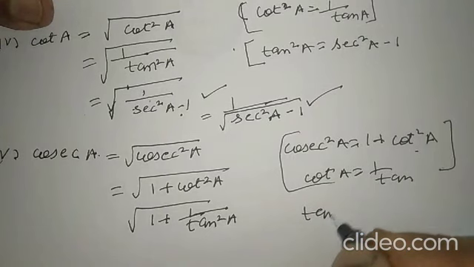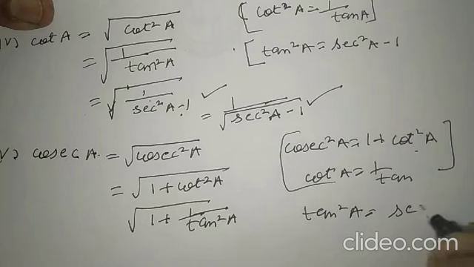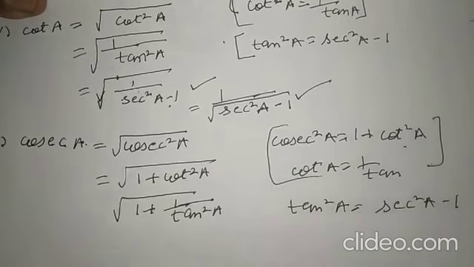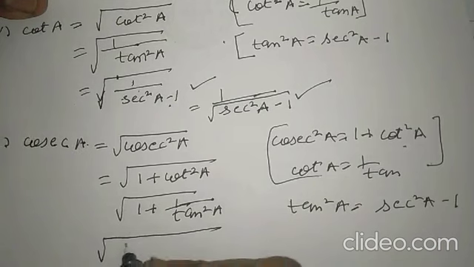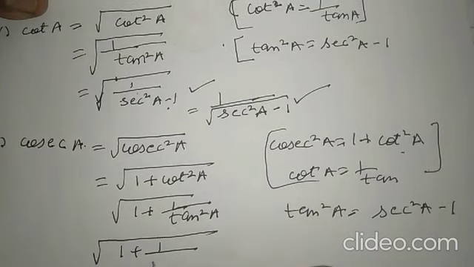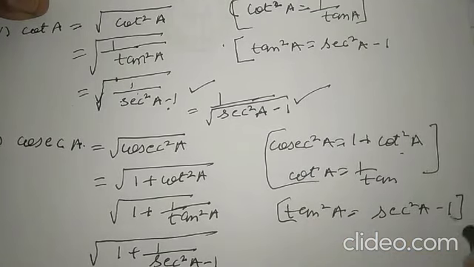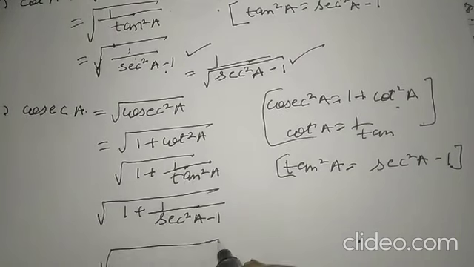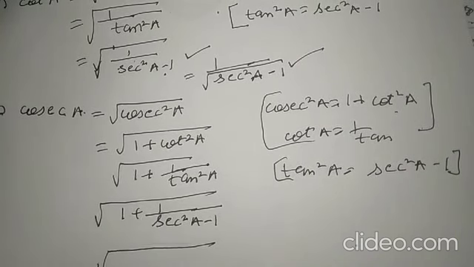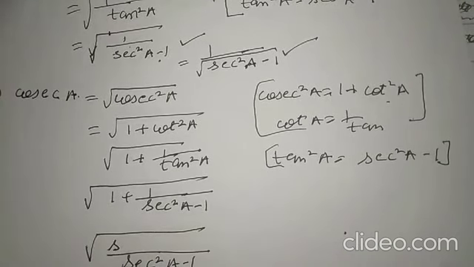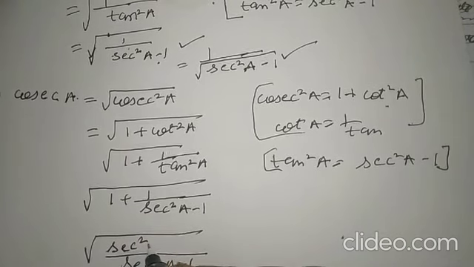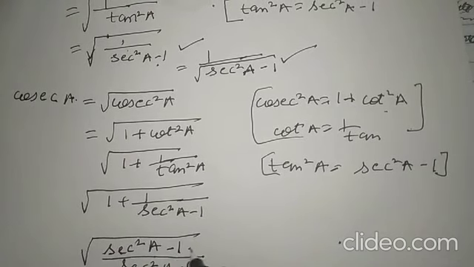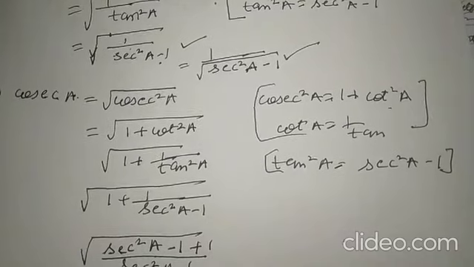and we know tan square A is equal to sec square A minus 1. So it will be 1 plus 1 by sec square A minus 1. We will take sec square A minus 1 as LCM, and we will have sec square A minus 1 in the denominator and sec square A minus 1 plus 1 in the numerator, right?